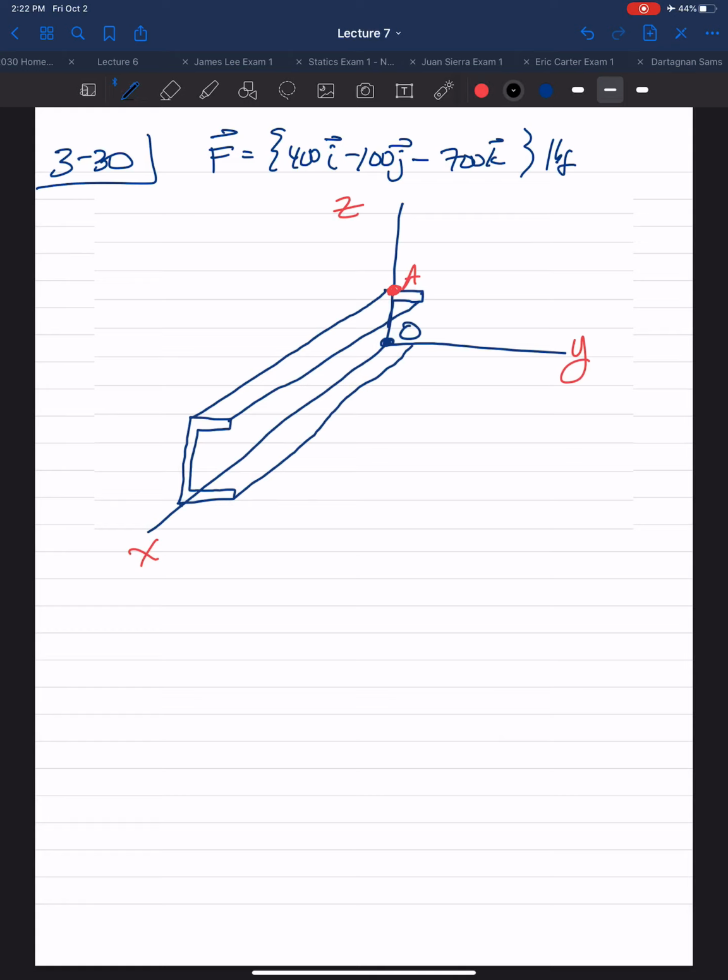This is my y-axis, z-axis, x-axis. I have my force F coming down at point B. Distance here is 1.5 feet. Distance here is 0.25 feet.